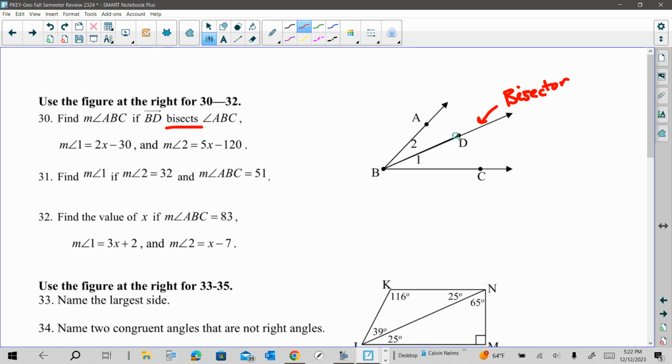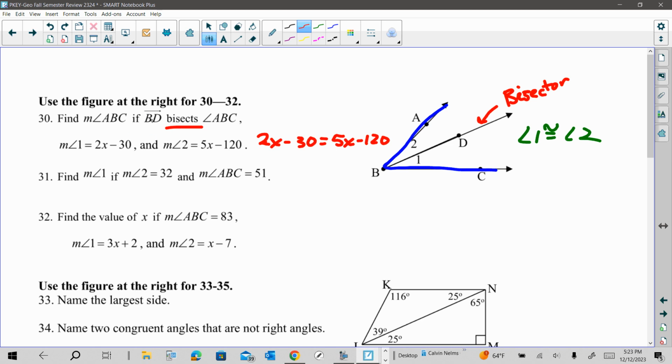It's going to cut the whole angle ABC in half. Each one of these problems is going to change because they're going to change the values here. On here, they're telling us what our angle 1 and 2 are. If that's the bisector, then my angle 1 is going to be congruent to angle 2, and congruent means equal. So hopefully we're starting off here with 2x minus 30 equals 5x minus 120. And then we're just solving for x.